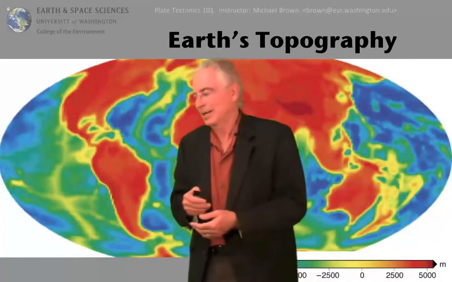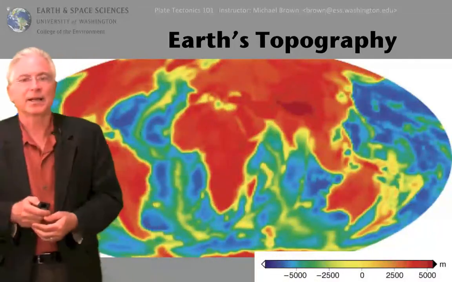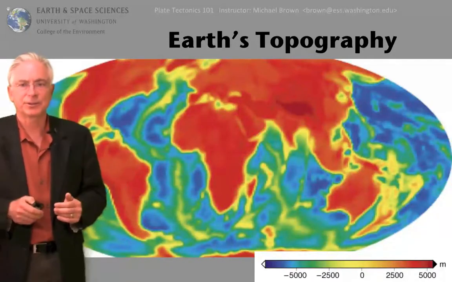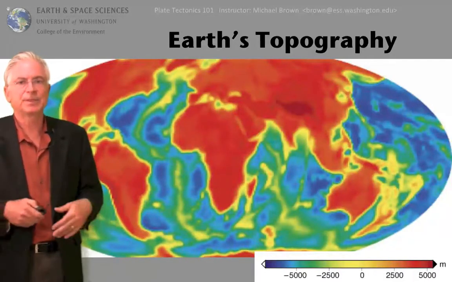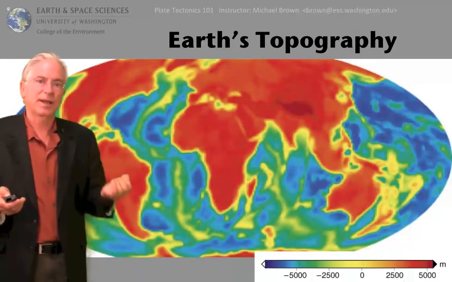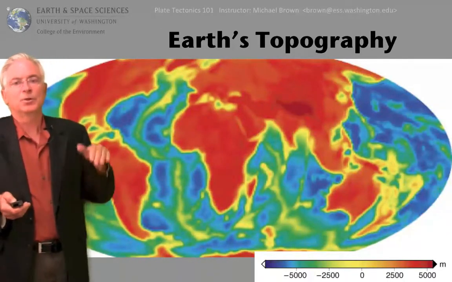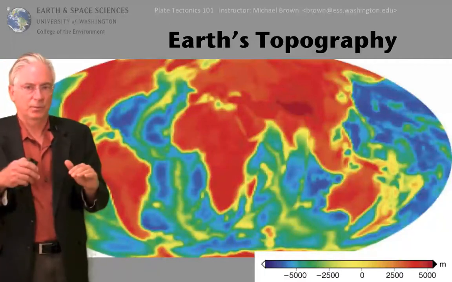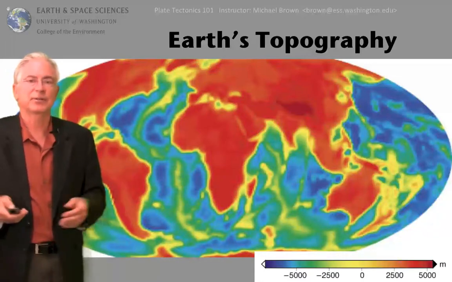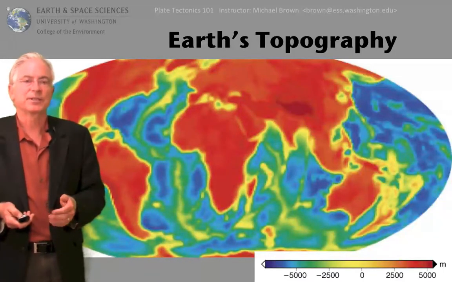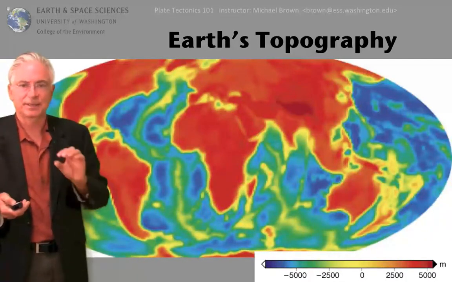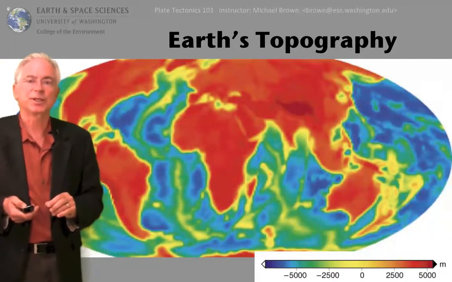In fact, now if you look at a color-shaded map of the world, you can see it's basically two colors. There's the blues of the ocean depths and red of the continental areas. Very little of the Earth's surface is right at sea level. Most of it's either above sea level at some point, represented by an average thickness of continental crust of 35 kilometers, and the other part of it is below sea level by an amount represented by the thickness and isostatic equilibrium of the oceanic crust.